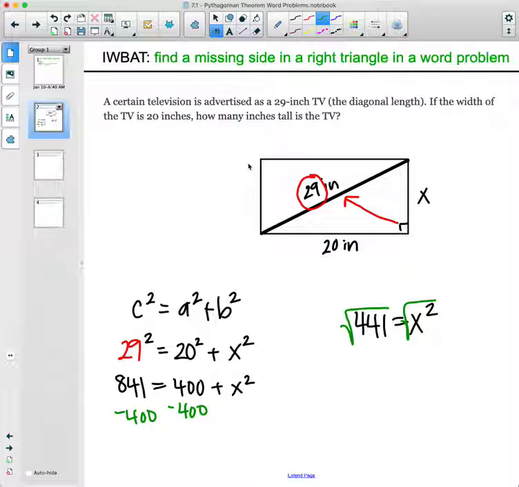The square root of 441 is 21. So we get 21 is equal to x. How many inches tall? Our answer here is that the TV is 21 inches tall.